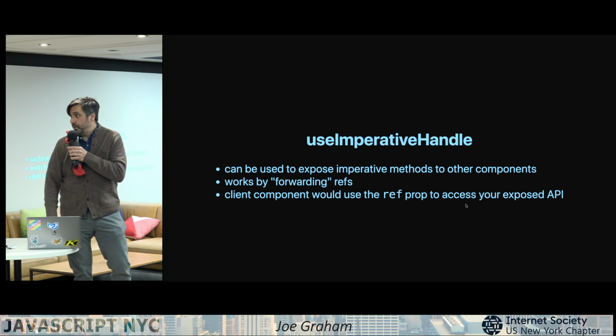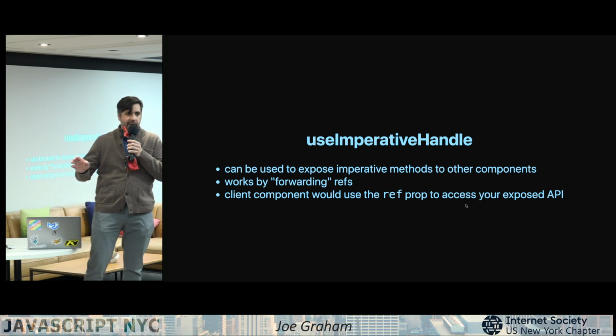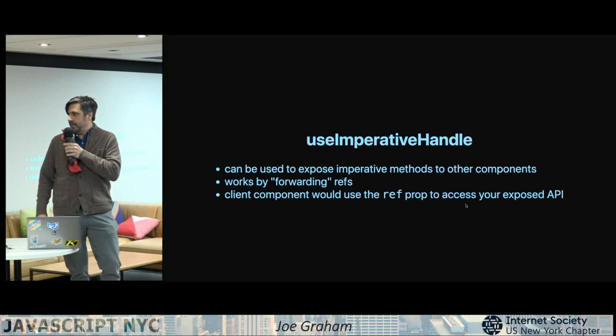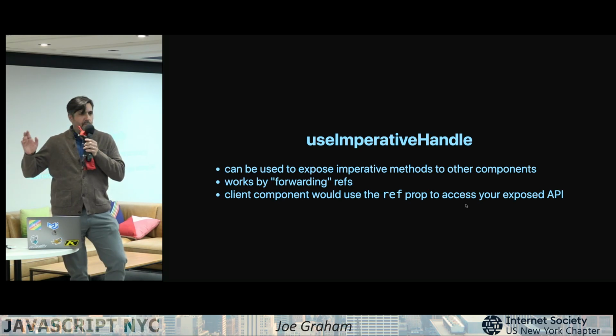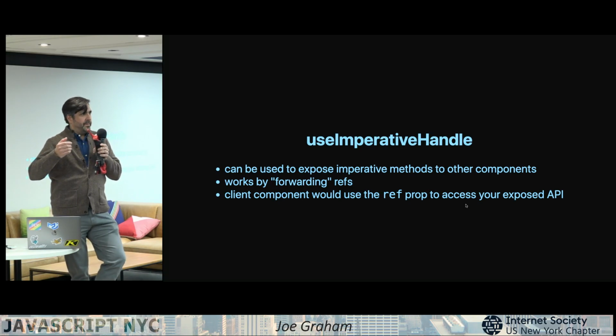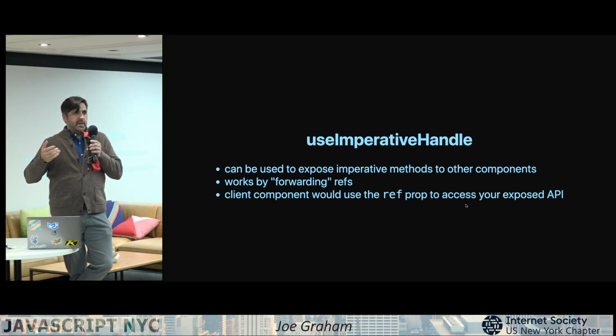There's another one too called useImperativeHandle, but now we're kind of getting into the weeds, the not so commonly used hooks. But this is pretty cool because it's a way to expose an API imperatively, like let's say that you're inserting things in the DOM and you need to wait for the DOM to finish rendering it and you need to check the size of it or something like that.